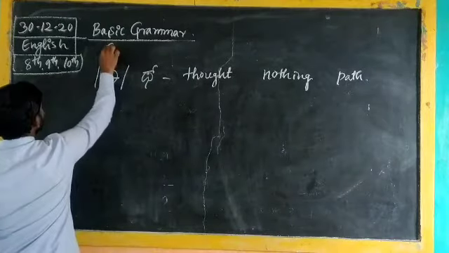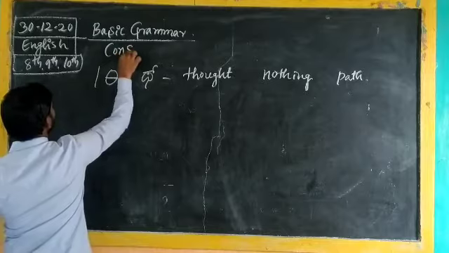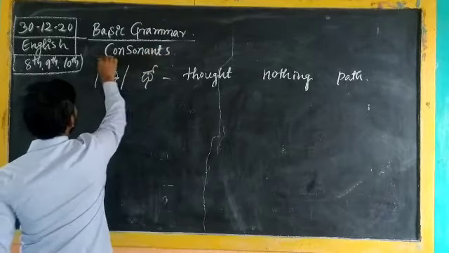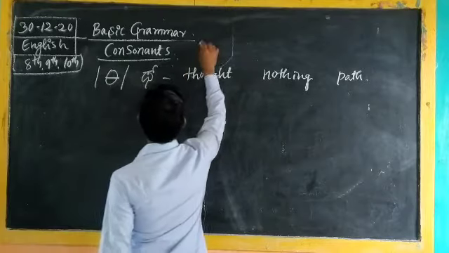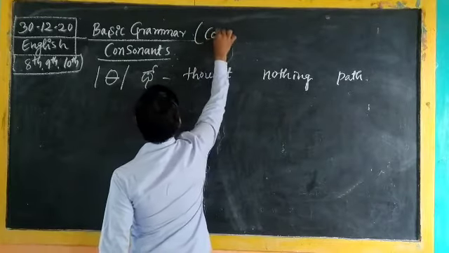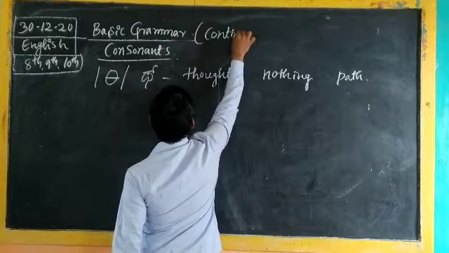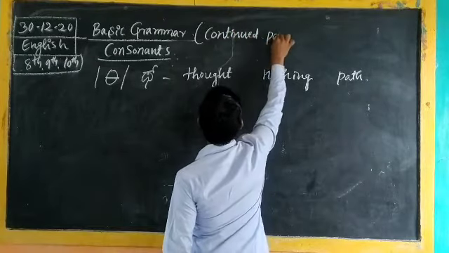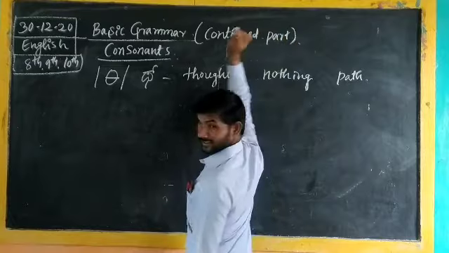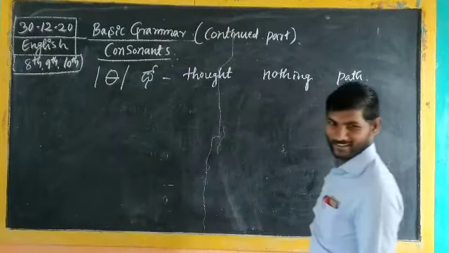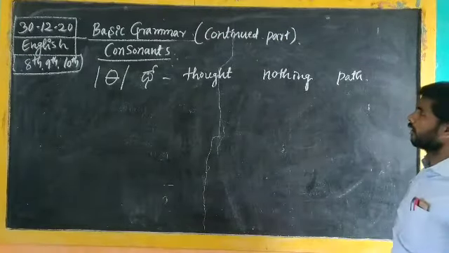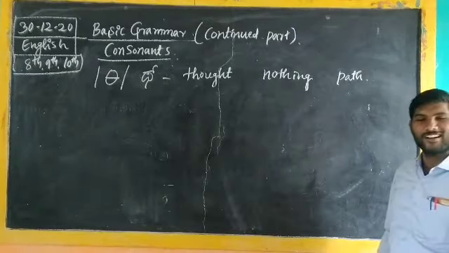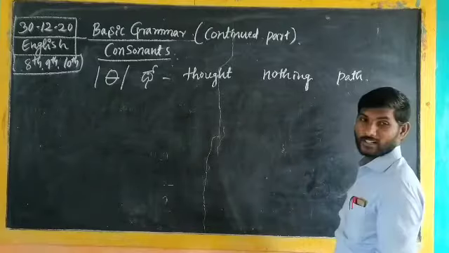Consonant number 7. It is a continued part of the consonants; it is the seventh letter.